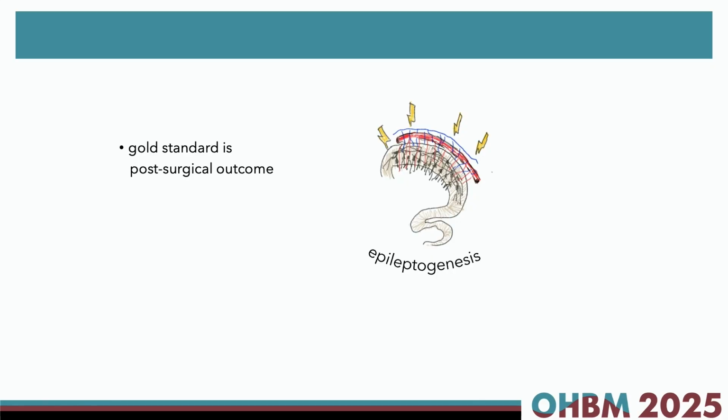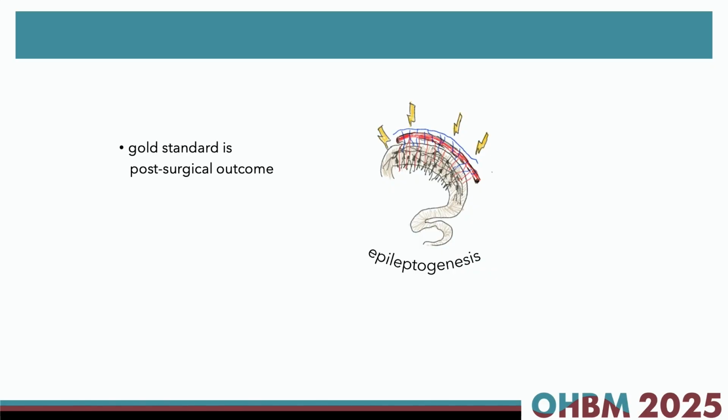The gold standard for the epileptogenic zone in the brain still relies on post-surgical outcome, which means to really know if a part of the brain is epileptogenic, you have to remove it and then see if the patient still has seizures. If not, then the part of the brain that you've removed definitely contains the epileptogenic zone.